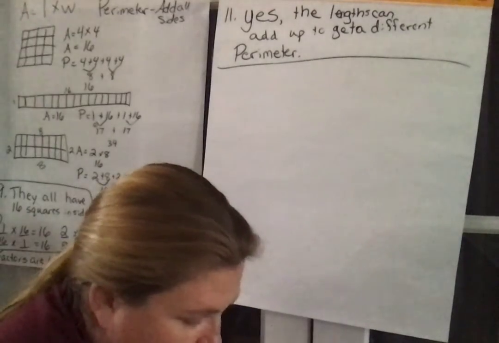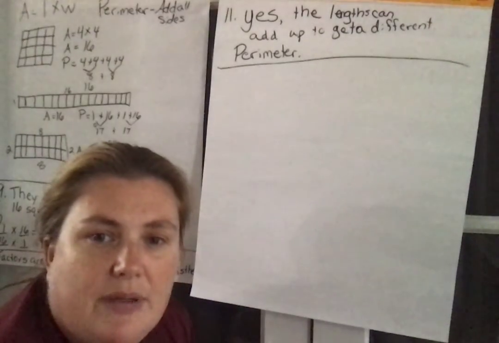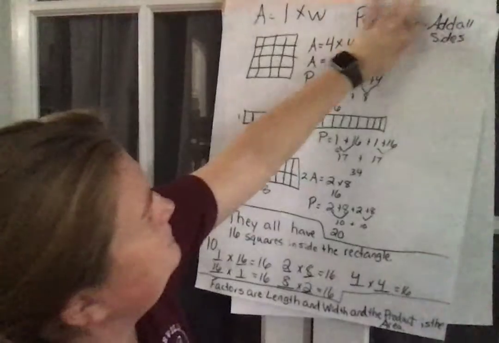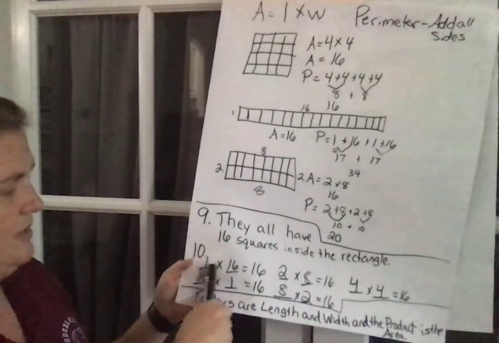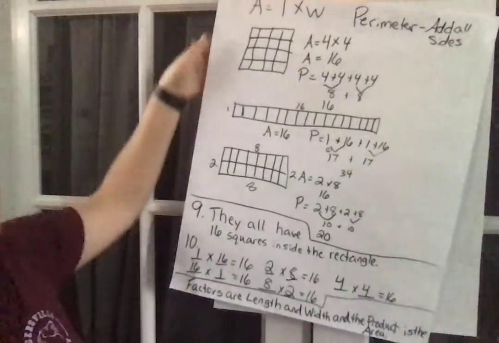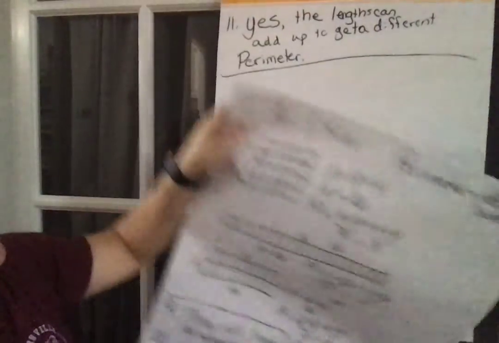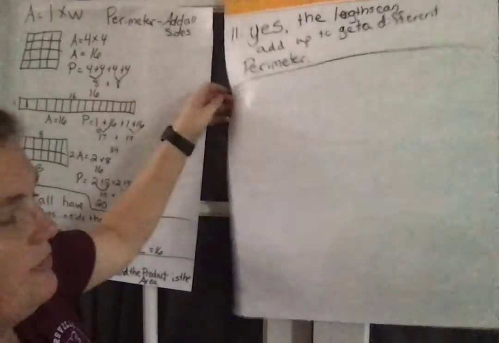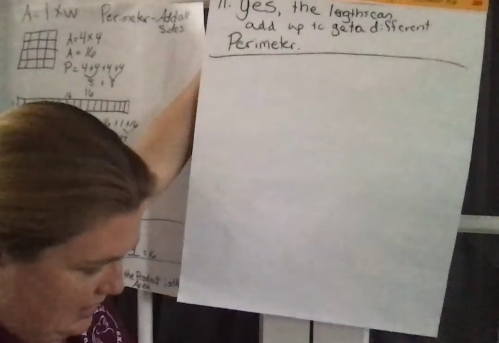And then come up with some more rectangles that would have that same area. That is just like what we did right here when we did our 1 times 16, 2 times 8, 8 times 2. We came up with all the ways we can get that same area. What are 2 factors that we could multiply to get that area?